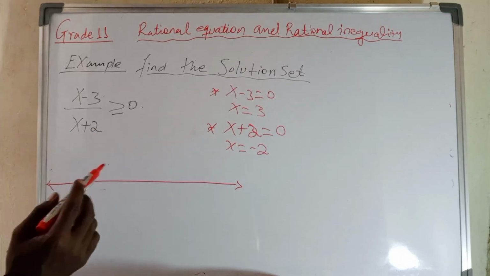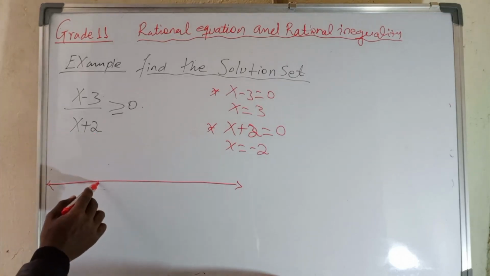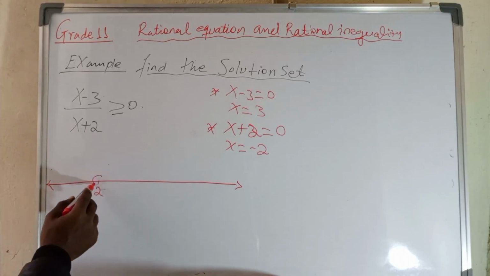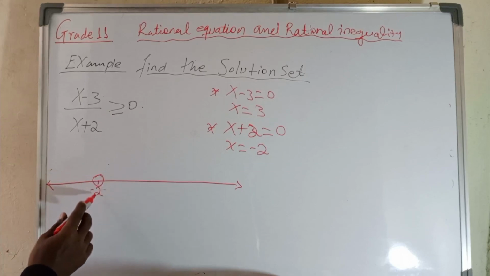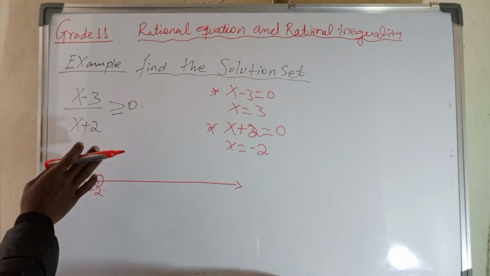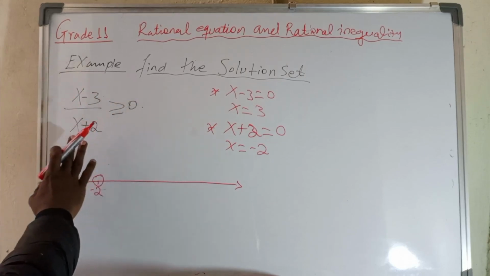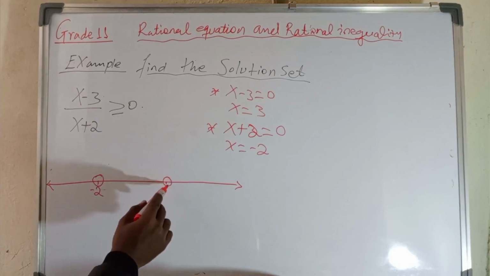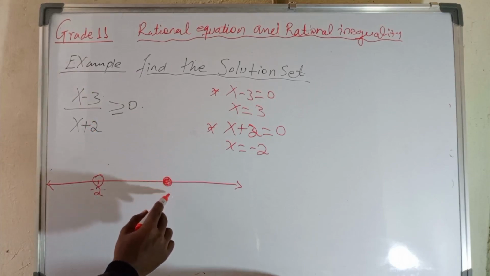Then plot negative 2 on the number line. So here it is, negative 2, and make an open circle, because it is undefined at what? Negative 2. At x equal to 3, the rational expression is defined. So make a closed circle. A closed circle at what?